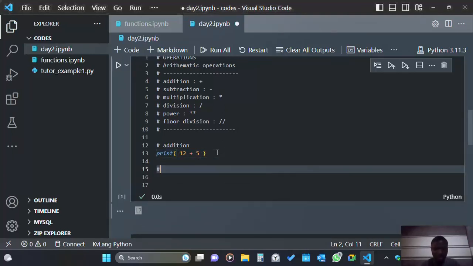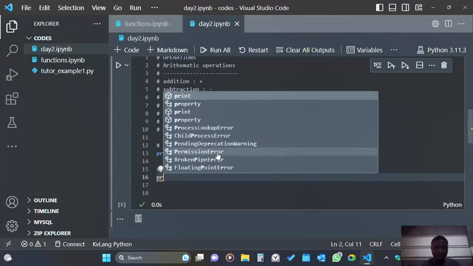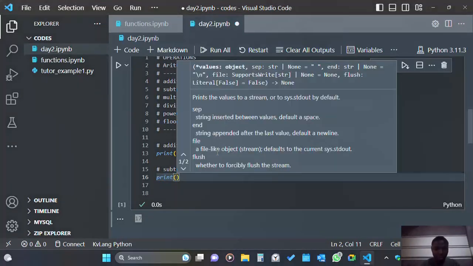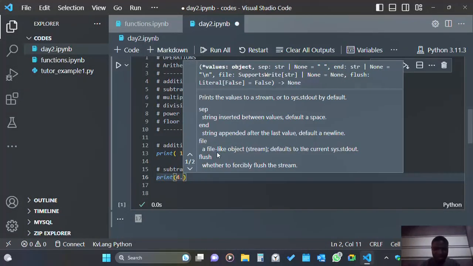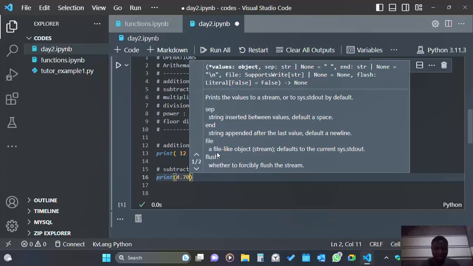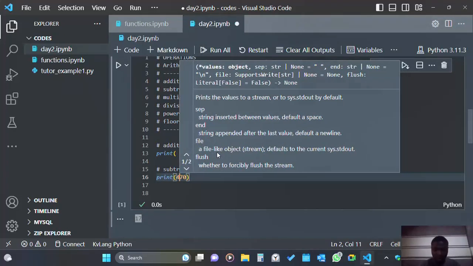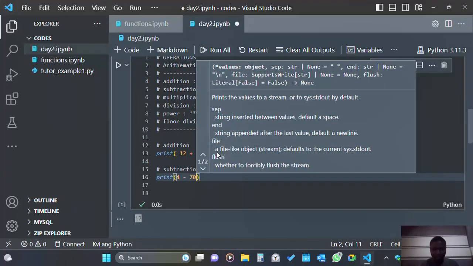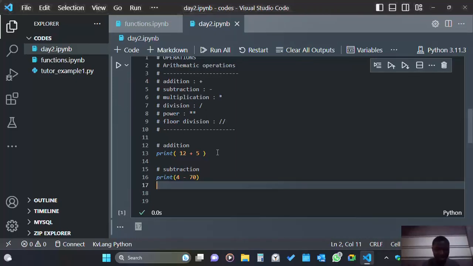Now let us look at our subtraction operation. I say print 4 hyphen 70, meaning 4 minus 70.